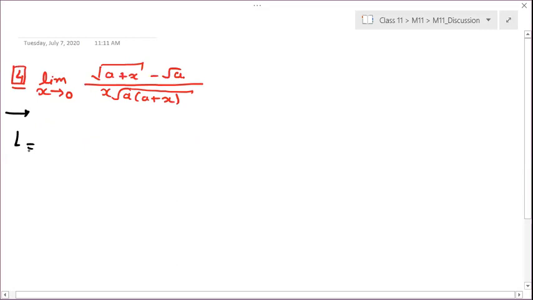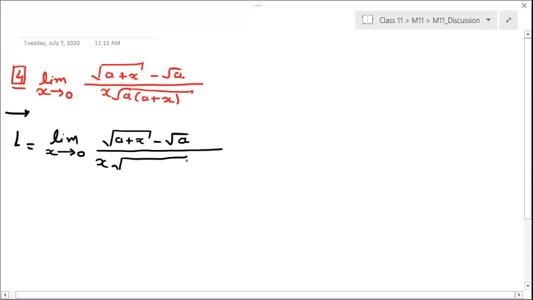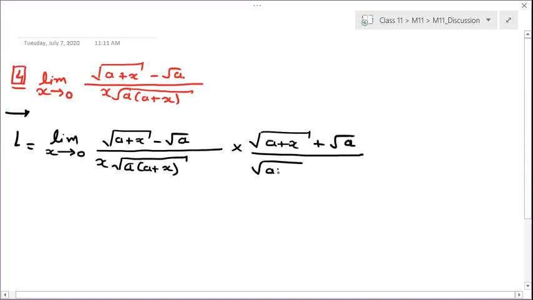So your answer is written as L, similar to when we were doing integration, I was writing I. So here we will write L. L is equal to limit x tends to 0 of root(a plus x) minus root a, the whole divided by x into square root of a into (a plus x). So multiply by square root(a plus x) plus root a, divided by square root(a plus x) plus root a.